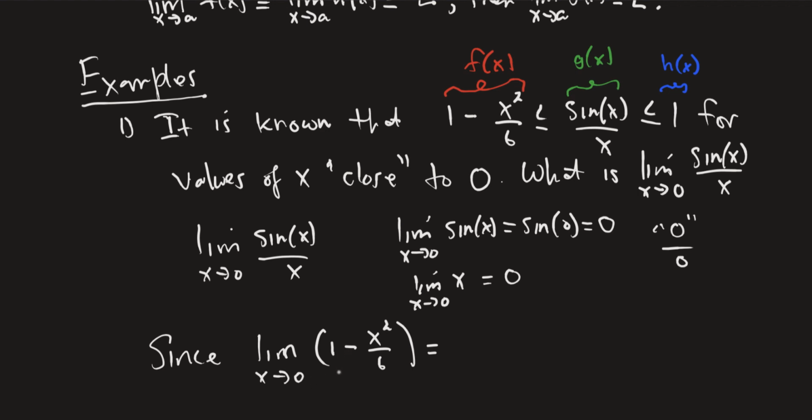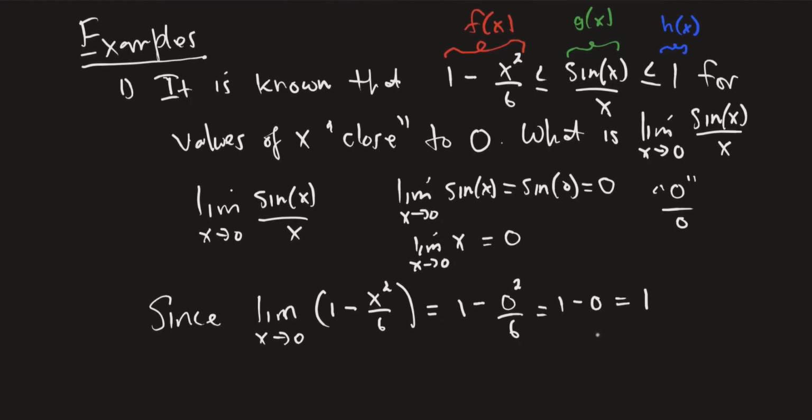We try to evaluate it, and we would end up with 1 minus 0 squared over 6, which is 1 minus 0, which is equal to 1, right? So the lower function here, as x gets closer and closer to 0, that lower function approaches 1. Okay, perfect. What about the upper function?